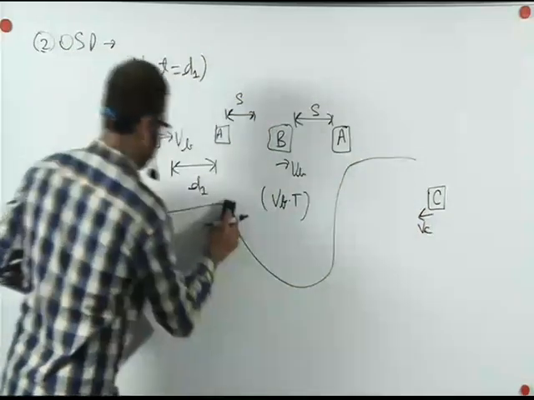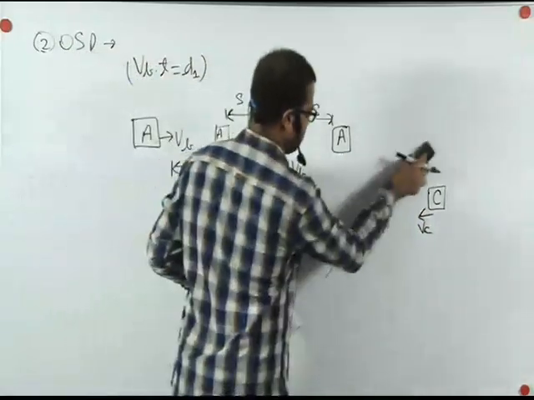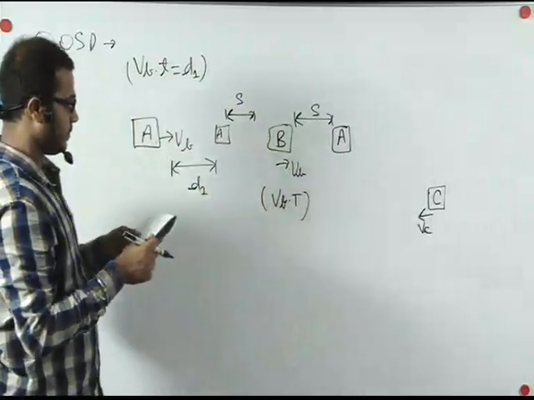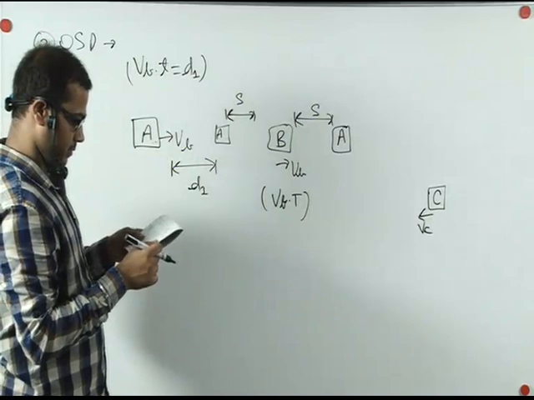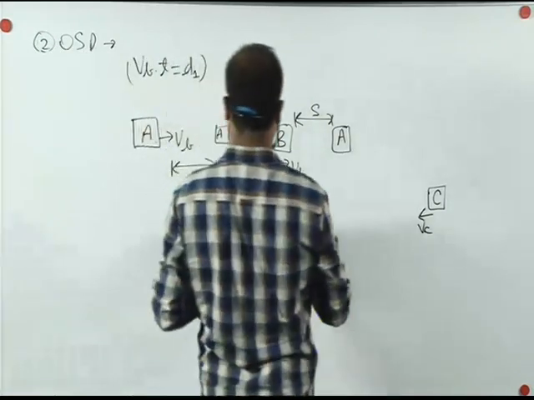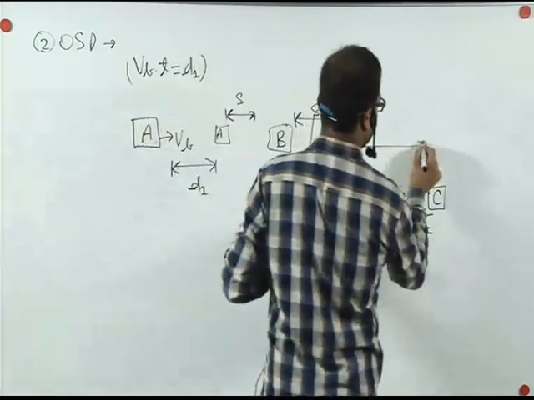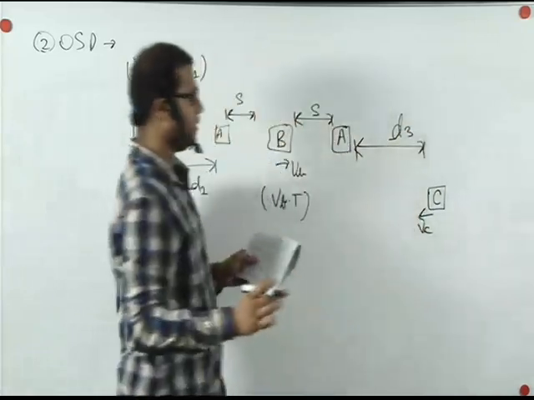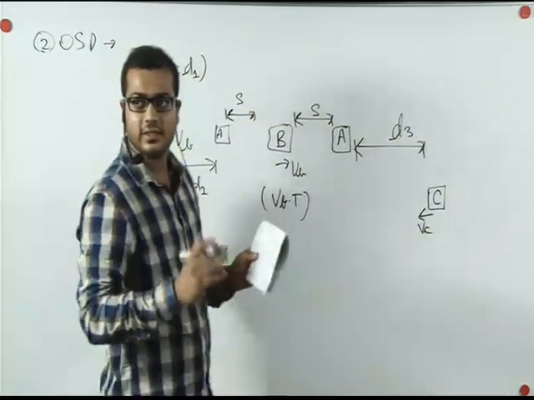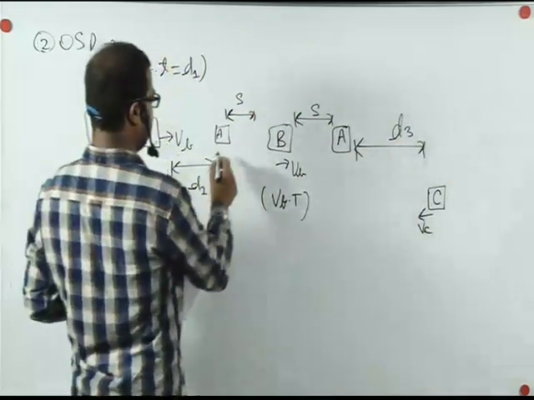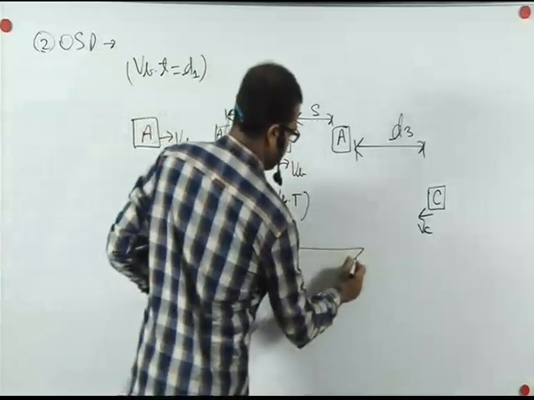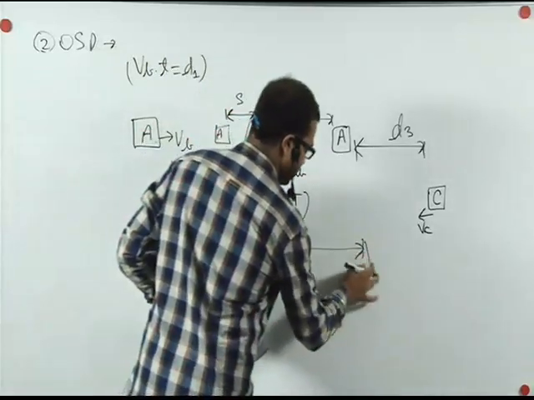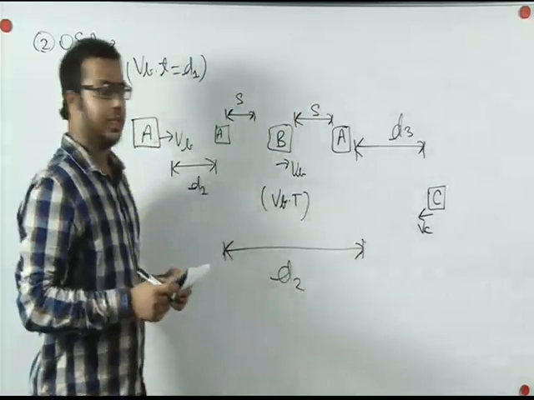Now, mainly this distance, the distance between A and C, we will take as D3, and this distance we are naming D2.